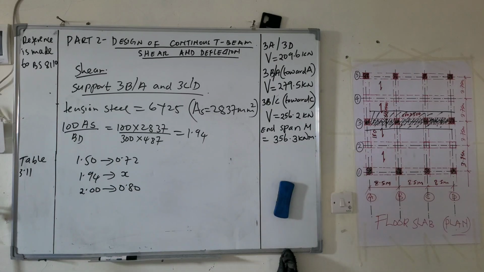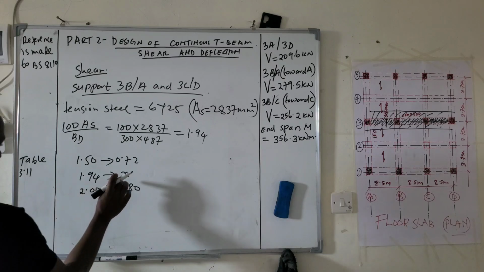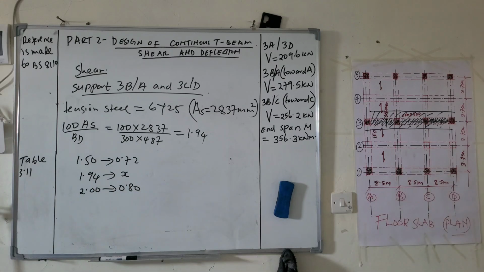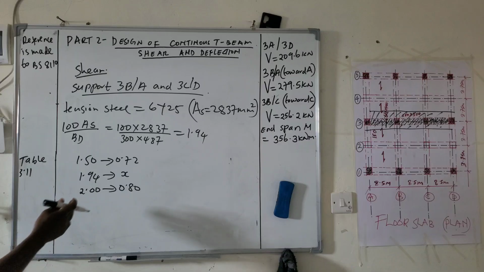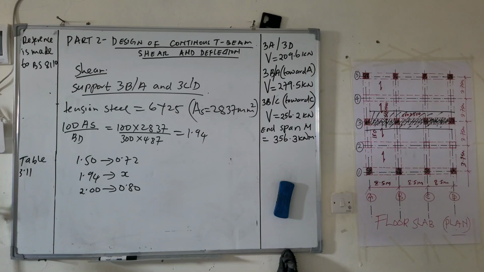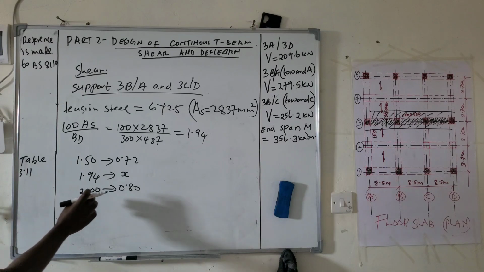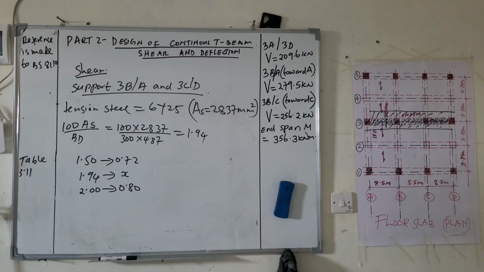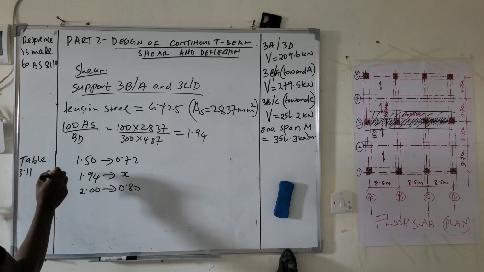And then you do the interpolation so that you can find the value of x. There's no need to keep on repeating what you know. So to save time, do it on your own.